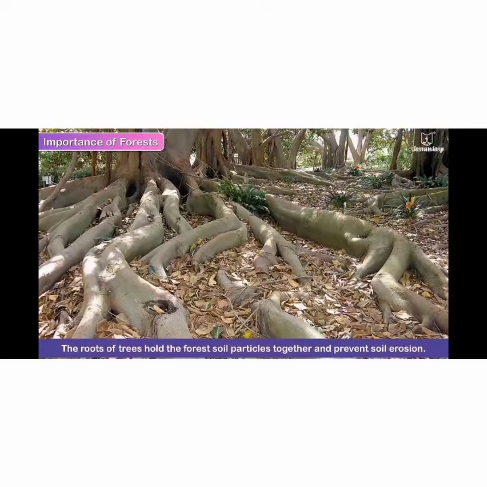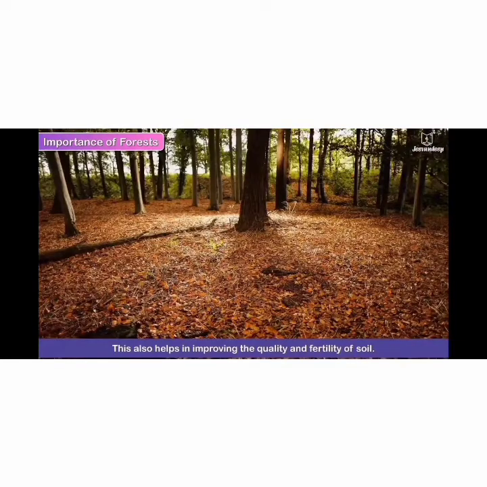The roots of the trees hold the forest soil particles together and prevent soil erosion. When the roots hold the soil, this also helps in improving the quantity and fertility of soil.